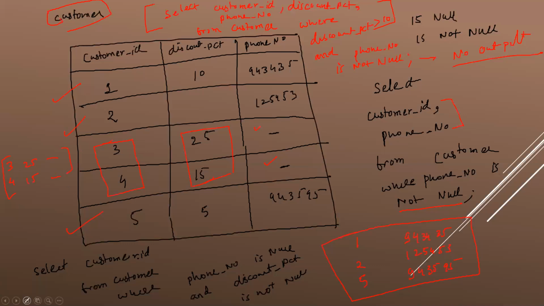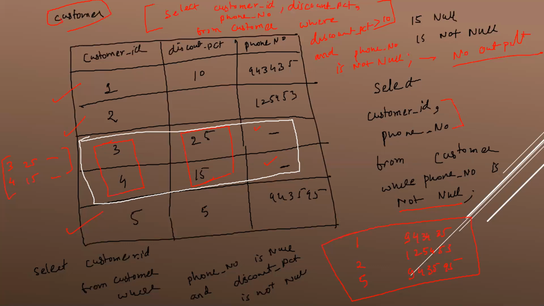So the result would have been all of this, right? Whenever phone number is null, this result would be 3 and 4.